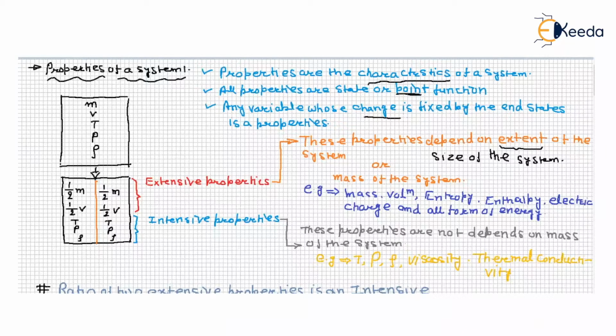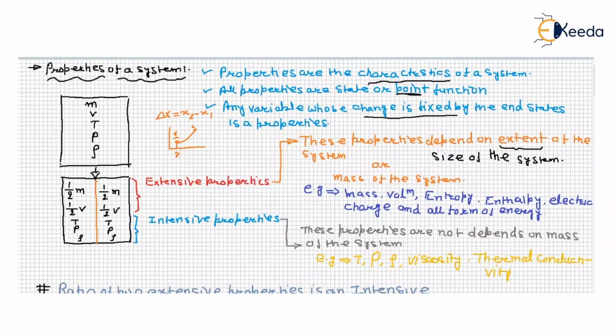See, it is like that. Any variable, that means you select x as any variable, whose change delta x is x2 minus x1, right? Then if you draw a process from point 1 to point 2, this is your x1 and this is your x2.